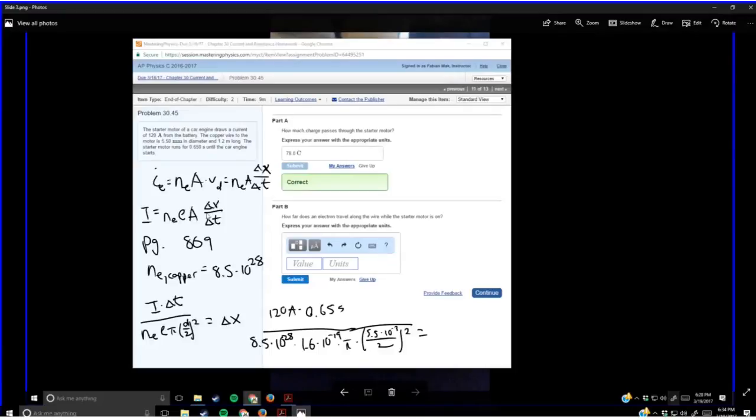It just says v_d, the drift velocity. But you have to understand that the drift velocity is how far along the wire the charge travels in a certain amount of time. So if we want to know how far it has traveled and we know how much time has passed, then we can solve. Questions on that one?